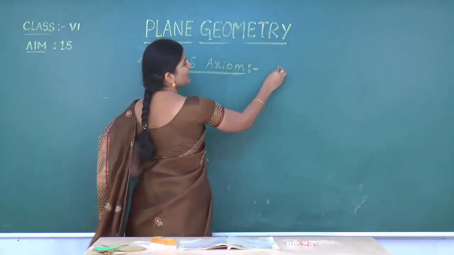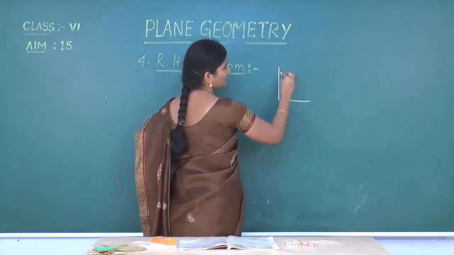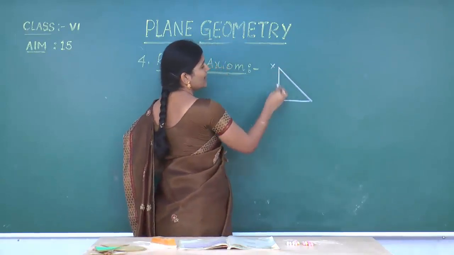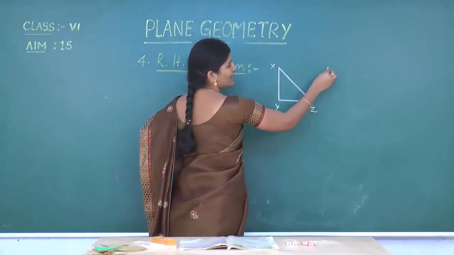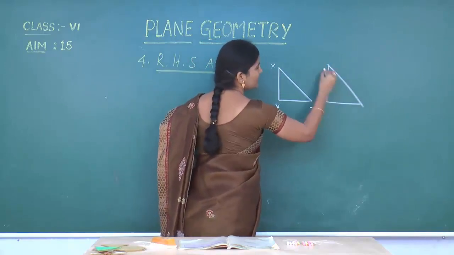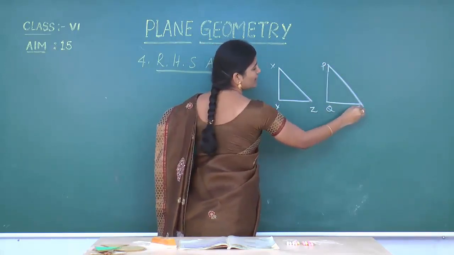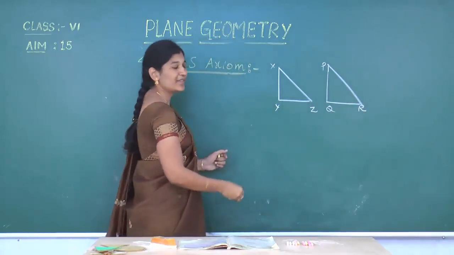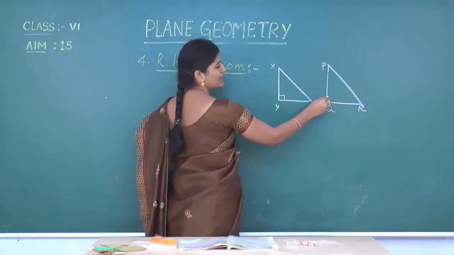Here I am going to take a right angle triangle, this is XYZ, and one more right angle triangle, that is PQR. Here it is a right angle and here it is a right angle.